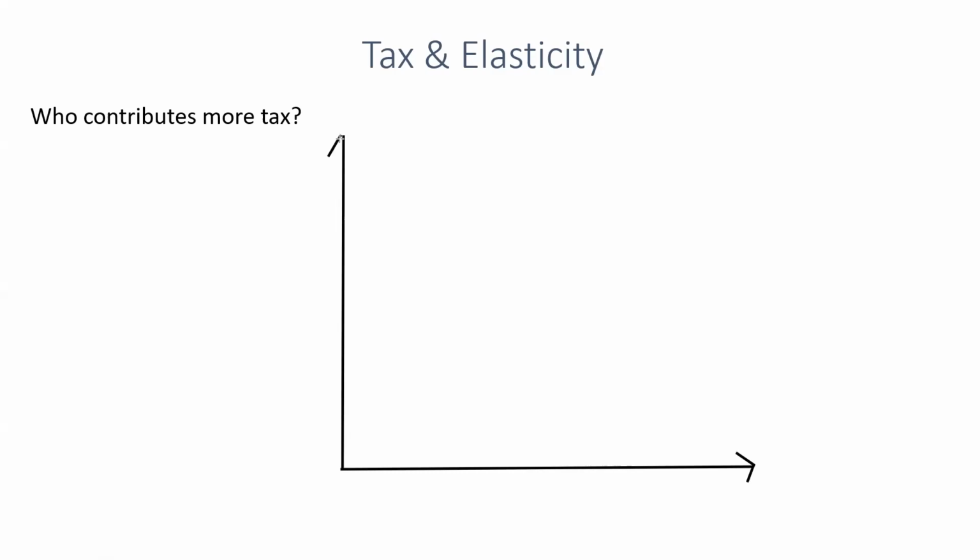So once again, let's draw a regular diagram. Let's always label it. This is P and this is Q. Now I'm deliberately going to show you how elasticity affects the tax contribution, okay? So I'm going to draw my demand curve as an inelastic curve. You know what's inelastic, right?